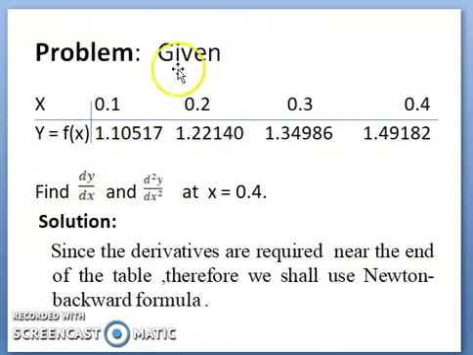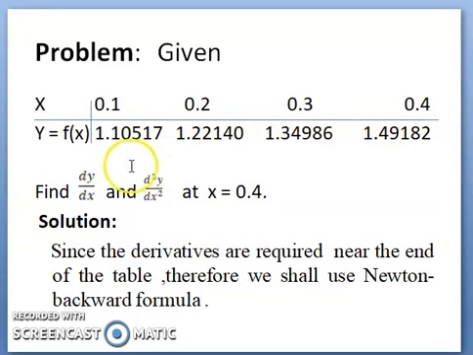This is the problem: given that the values of x are 0.1, 0.2, 0.3, 0.40 and the values of y equal to f(x) are 1.10517, the second value of y is 1.22140, the third value of y is 1.34986 and the last value of y is 1.49182.